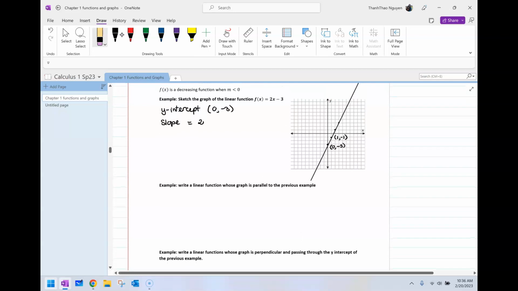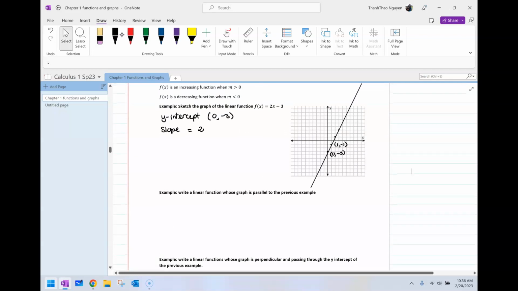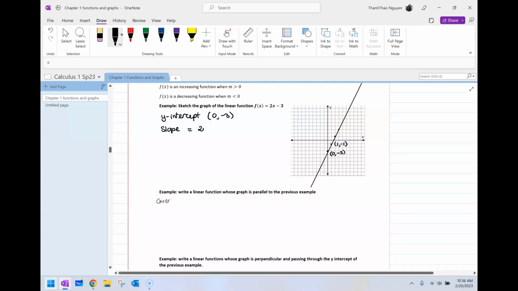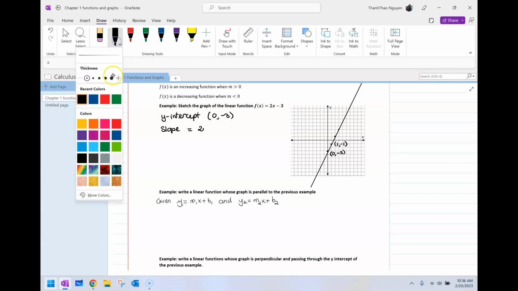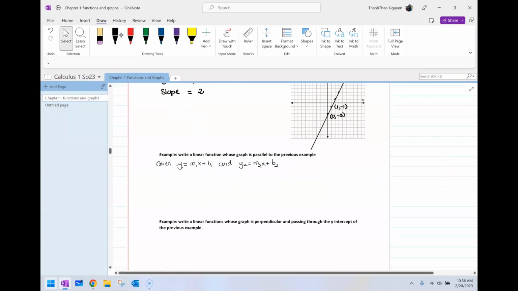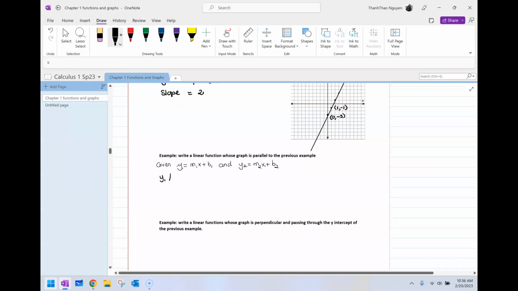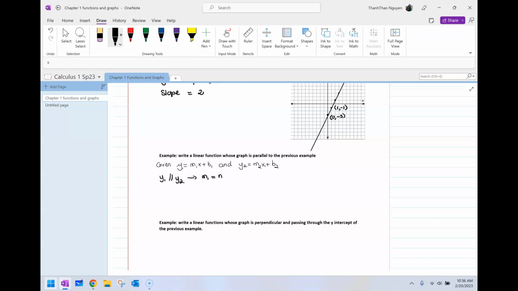We want to write a linear function whose graph is parallel to the previous example. So recall, given y1 = m1x + b1 and y2 = m2x + b2, y1 parallel with y2 implies m1 = m2.